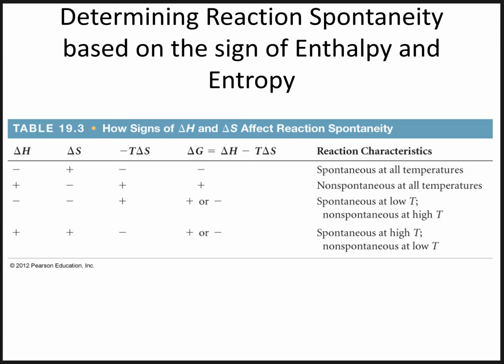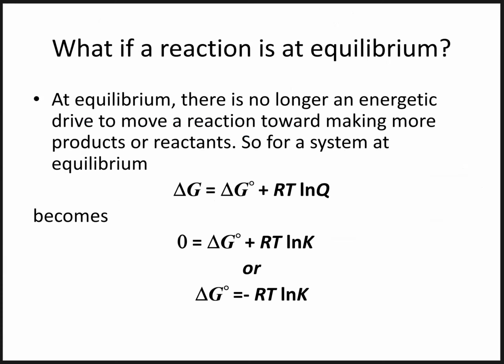Now, another thing that goes into determining whether or not a reaction occurs is the actual set of conditions for the experiment. And so when reactions stop, that's because there's a lack of energy causing the reaction to occur. Well, all of our discussions about thermodynamics and entropy and enthalpy have dealt with standard state conditions to this point. That is the little degree sign we've seen.